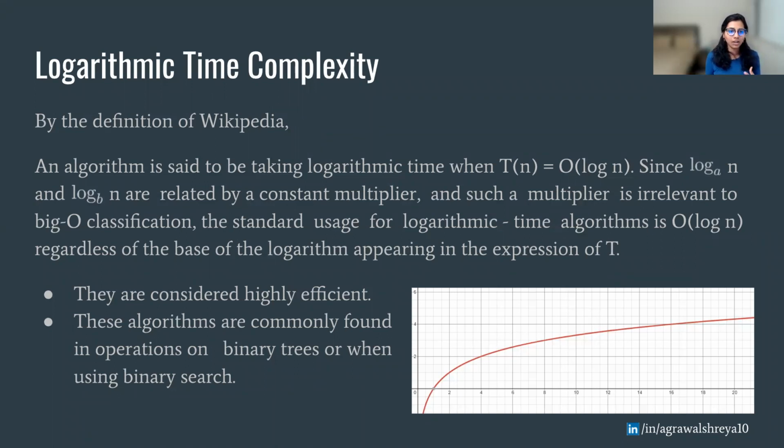Giving it more time. But the basic idea here is that we are reducing the number of elements. We are keeping it half, half, half, half. So when you start to do it half and half and half, you will notice that in each step, the number of computations that you're doing is getting reduced.